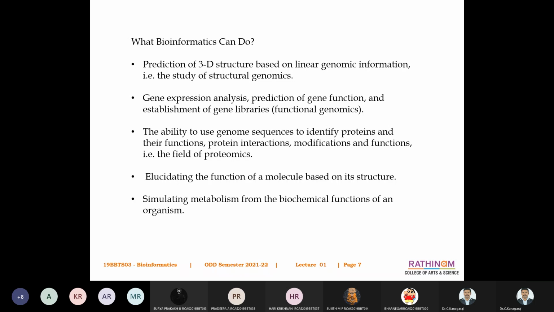So what bioinformatics can do? Bioinformatics என்னெல்லாம் பண்ணும், எதுக்கெல்லாம் அப்ளை பண்ணலாம்?